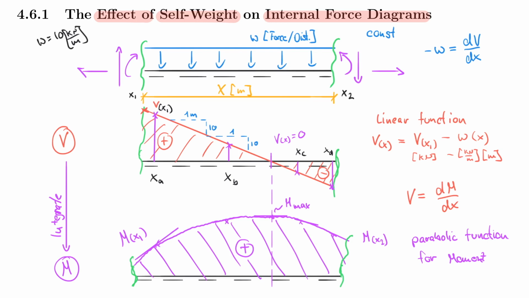So the next thing for us to do now is to analyze what happens if we make this a little bit more complicated, and what happens if we don't have self-weight or evenly distributed forces anymore. What happens if we have non-evenly distributed forces?